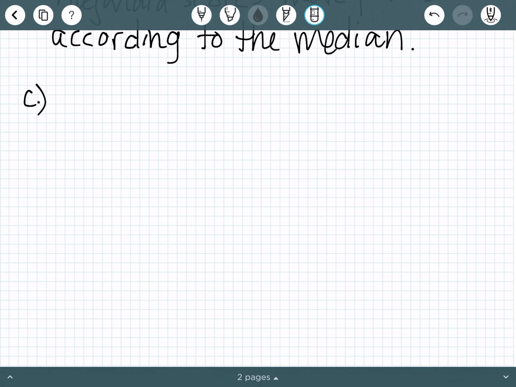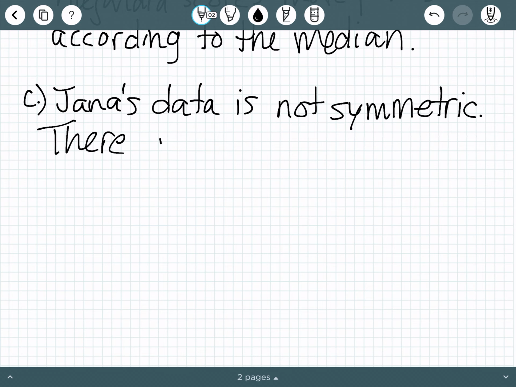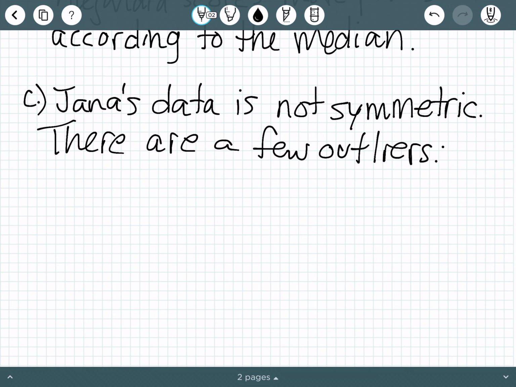Again, Jana's data is not symmetric. She has a few outliers, and those outliers, again, were 46 and 55. That's all we need for part C.